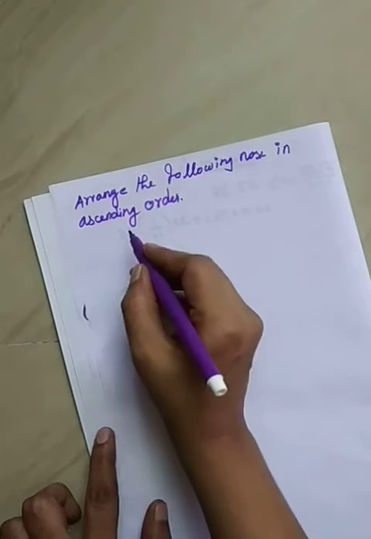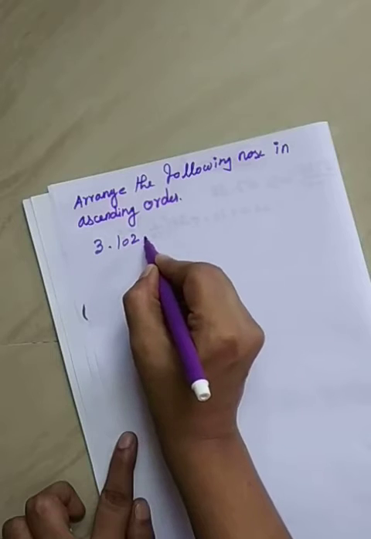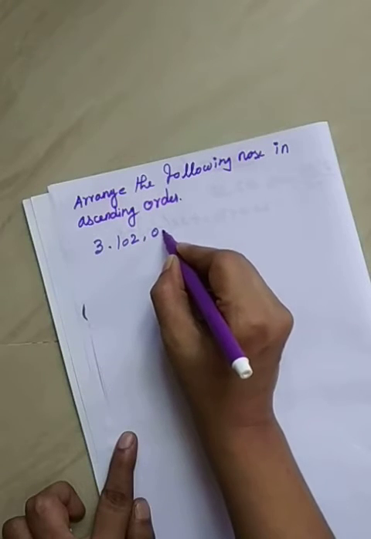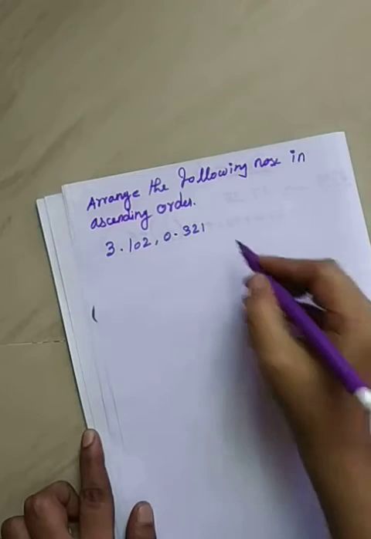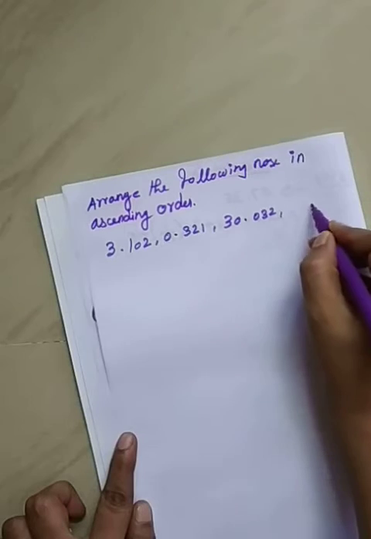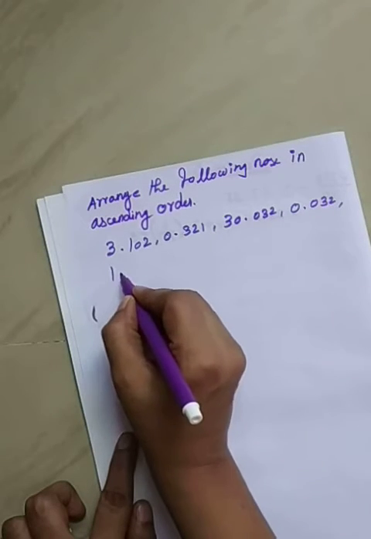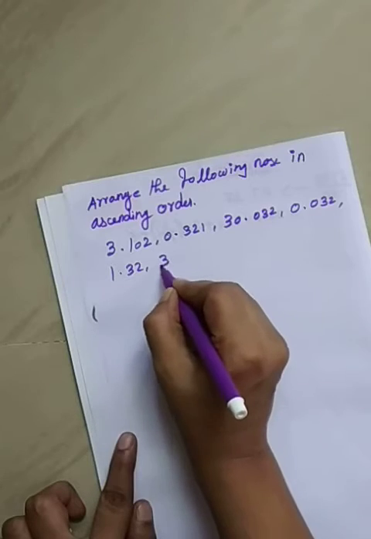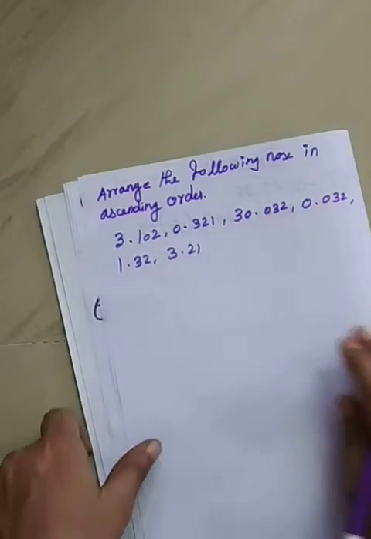See here, the given question is 3.102, 0.321, 30.032, 0.032, 1.32, 3.21. Now you have to arrange them in ascending order.